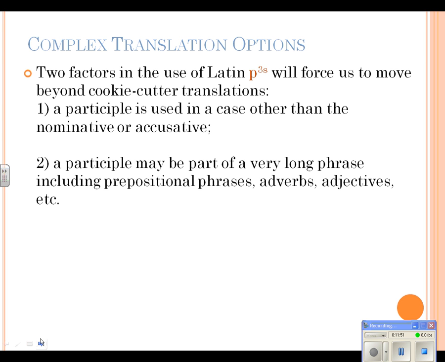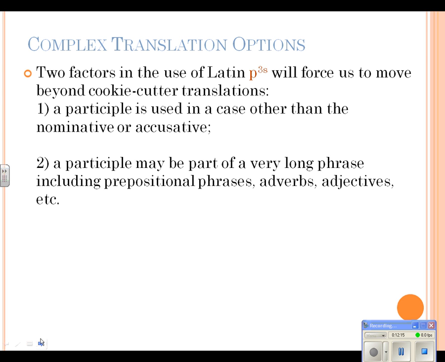If the participle is in a Latin sentence used in a case other than the nominative or the accusative, by the time we get it into English with all kinds of translation strategies, it gets muddled. When you're translating the genitive case, you often use an apostrophe s or an of.